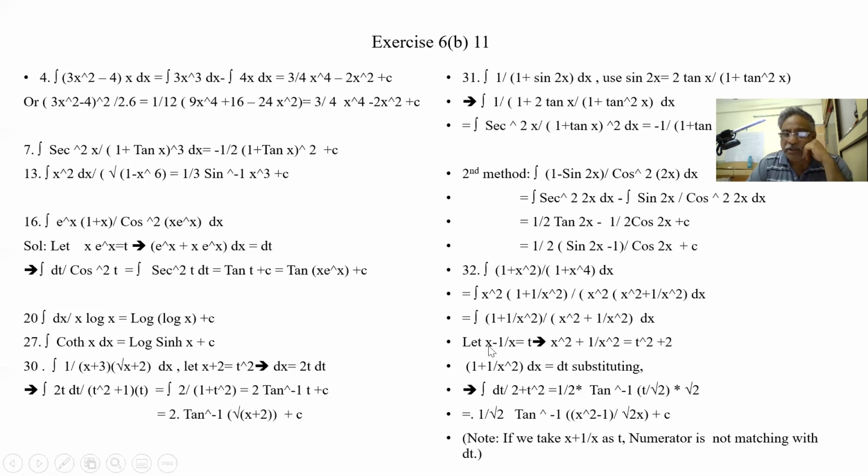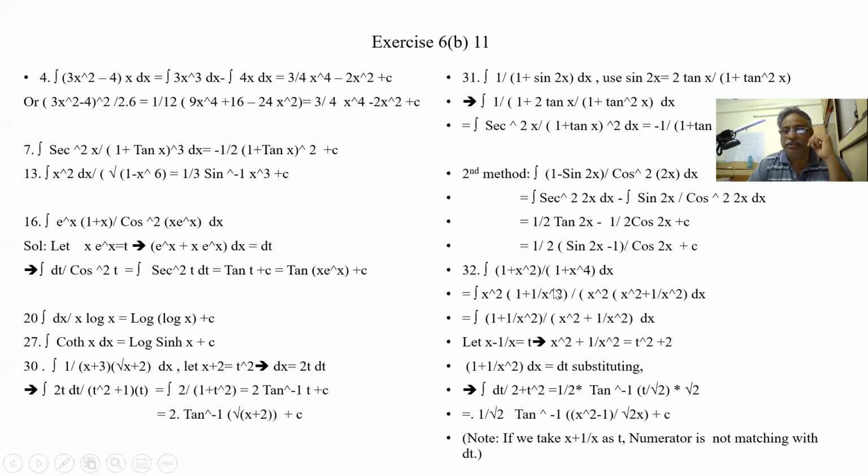If I put x plus 1 by x, dt will become 1 minus 1 by x square dx. But on top I have 1 plus 1 by x square. So I have to get 1 plus 1. So if I put x minus 1 by x, then dt is 1 plus 1 by x square dx, because the differentiation of 1 by x is minus 1 by x square, so minus into minus is plus.